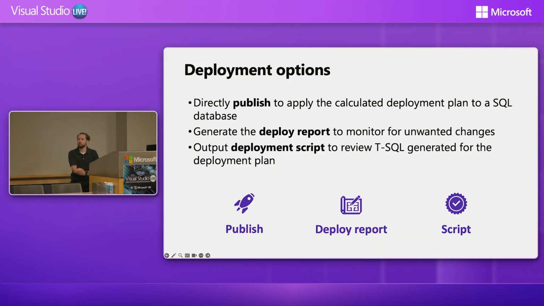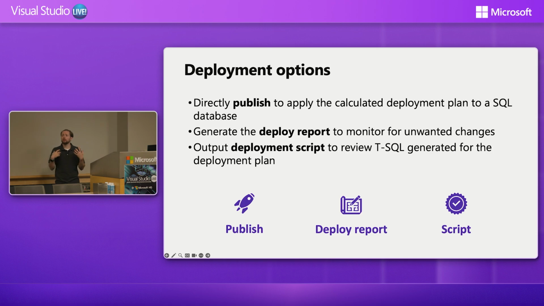But you have other options. Because, yeah, directly publishing, altering stored procedures, creating views, like the calculated deployment plan, if you're confident that it is low impact, or this is just a developer environment that you're fine blowing away, go for it. Publish. Bam.